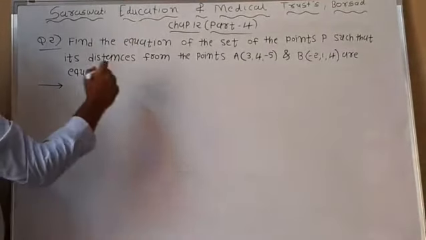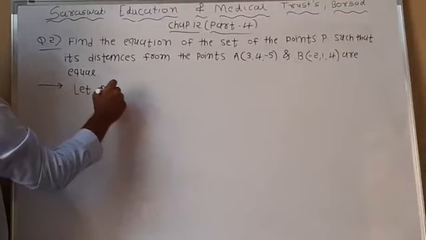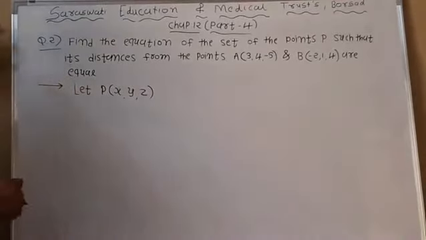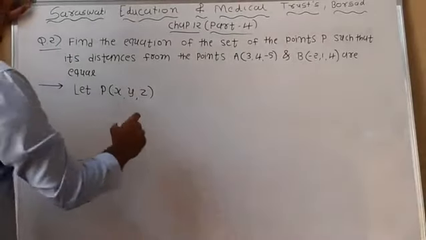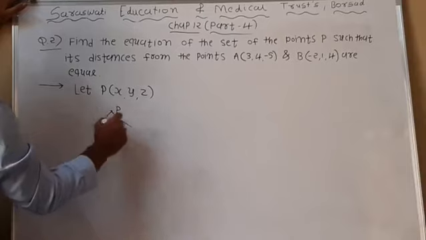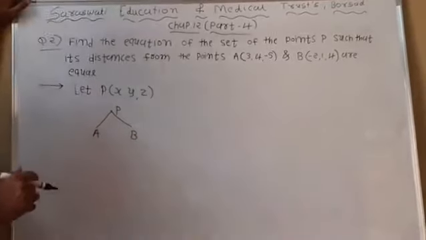So first of all, let P have coordinates x, y, z. Now here another condition is present: the distance of P from A and from B are equal. That means the condition given is PA is equal to PB.